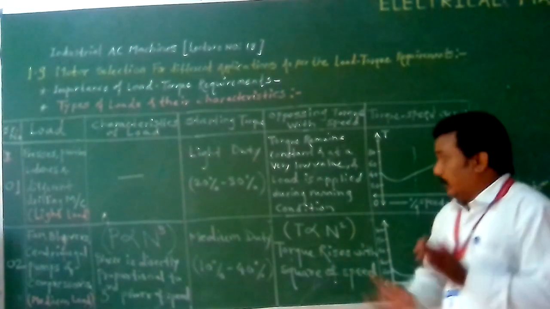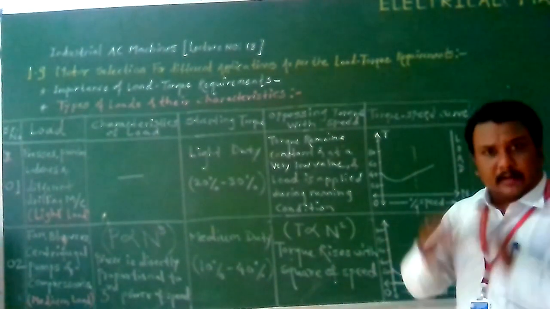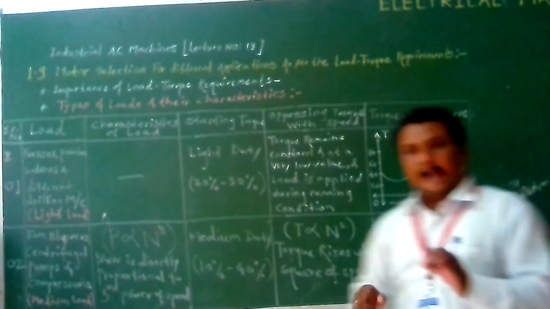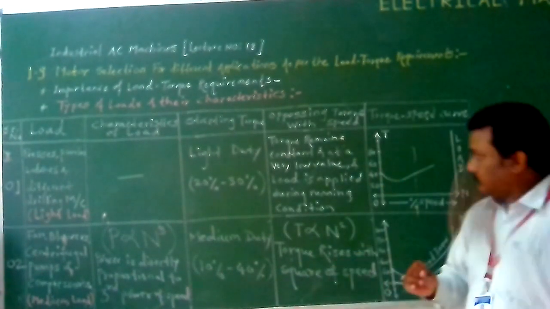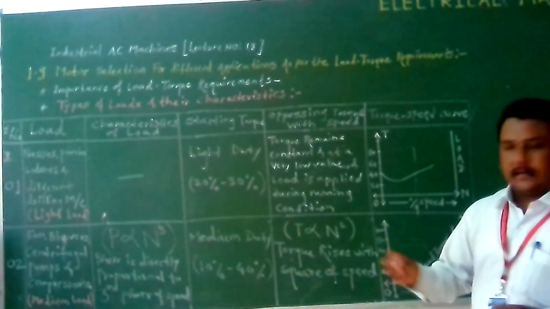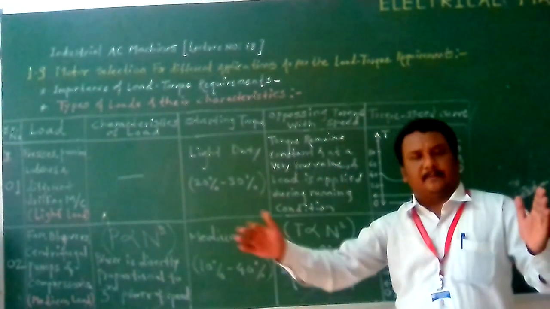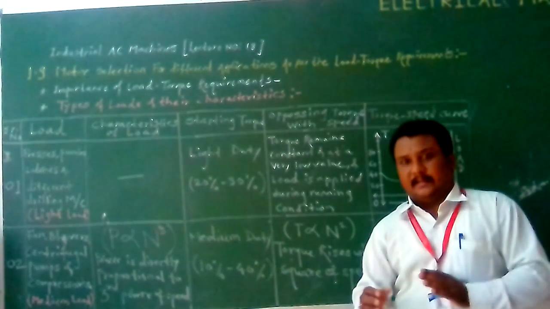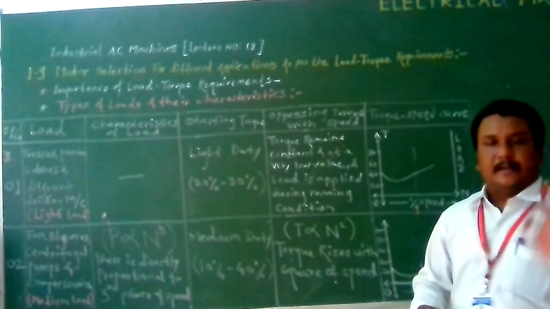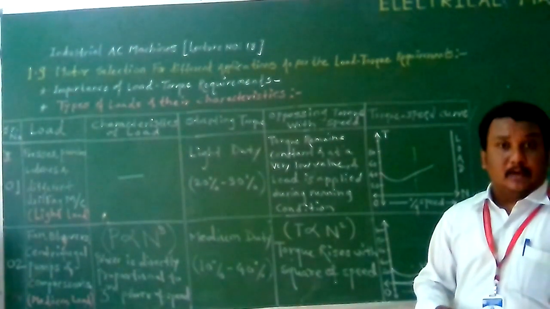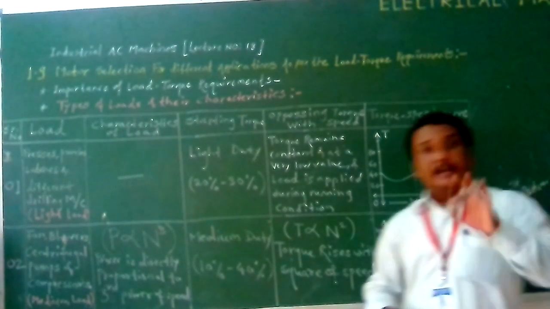So in light duty, torque remains constant at a very low value, from starting to running. But one condition is that the load is applied only during the running condition.